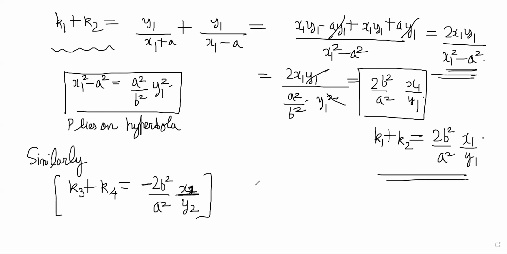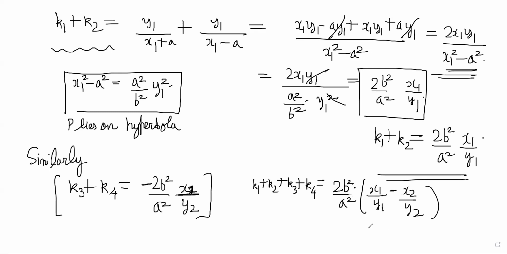So the addition of these two is becoming K1 plus K2 plus K3 plus K4 is 2b square by a square common. You're getting x1 by y1 minus x2 by y2, right? Now we have solved part 1 of the question where we saw that OPQ are collinear. OPQ are collinear means that slope of OP is equal to slope of OQ.